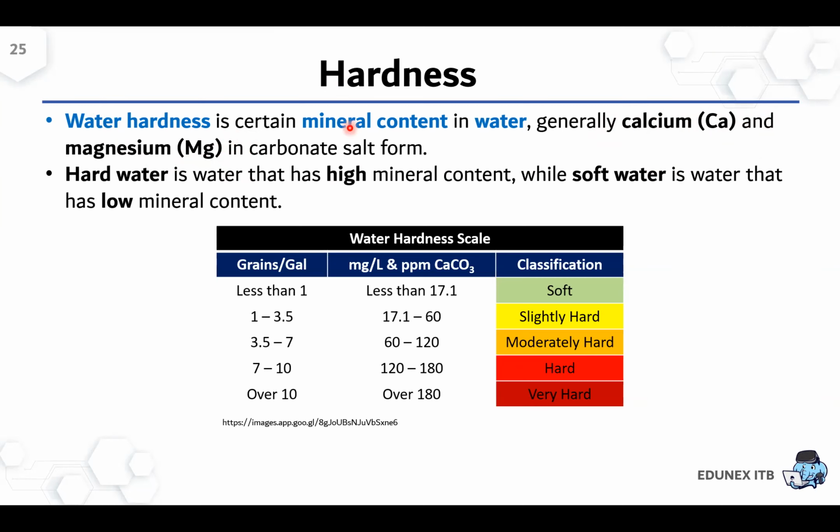Scale is the problem, but before scaling, using hard water, there will be a certain effect. I don't know whether you know or not, but I think Pak Hendra will know. Does anyone know? If you use hard water, what is the usual effect? Before industry.